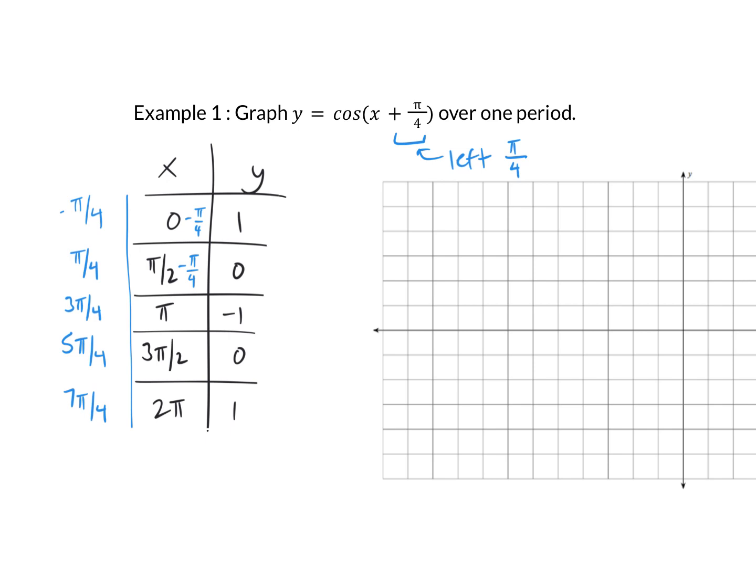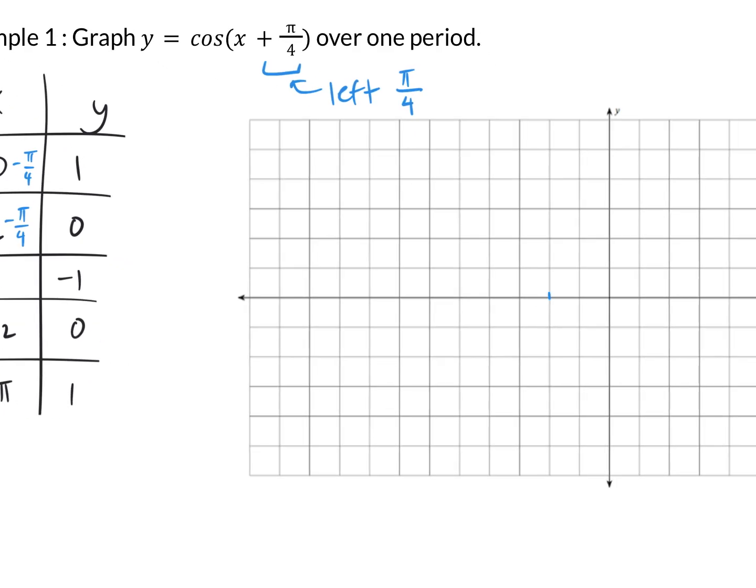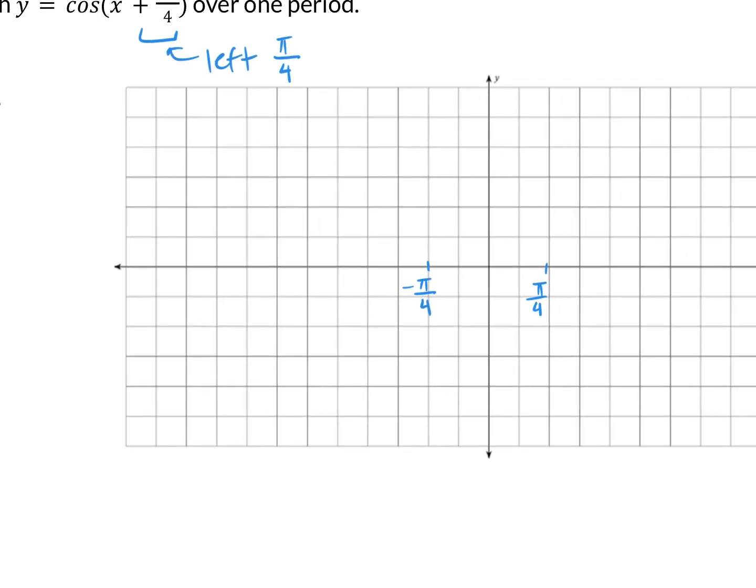So, okay, now I can go ahead and graph these things on here. Okay, so we're going to go by pi over 4s because we got a negative pi over 4. So I'm going to start over on the left side as negative pi over 4 here. And then I'm going to have a positive pi over 4 on the right. And then I've got 3 pi over 4, 5 pi over 4, and 7 pi over 4.